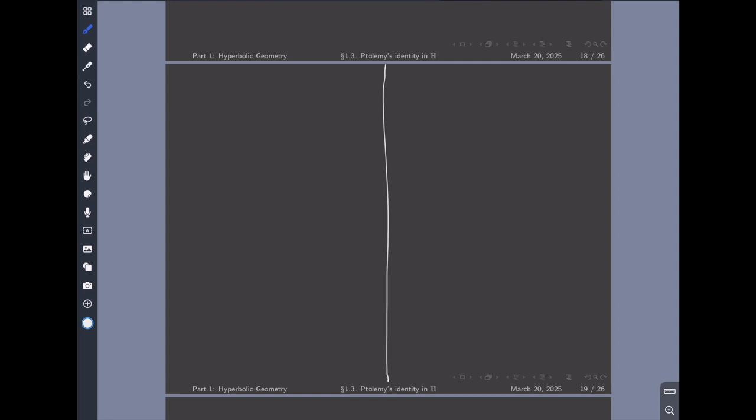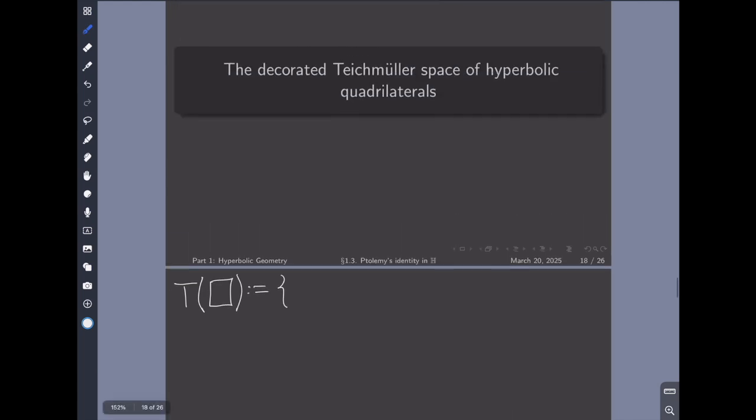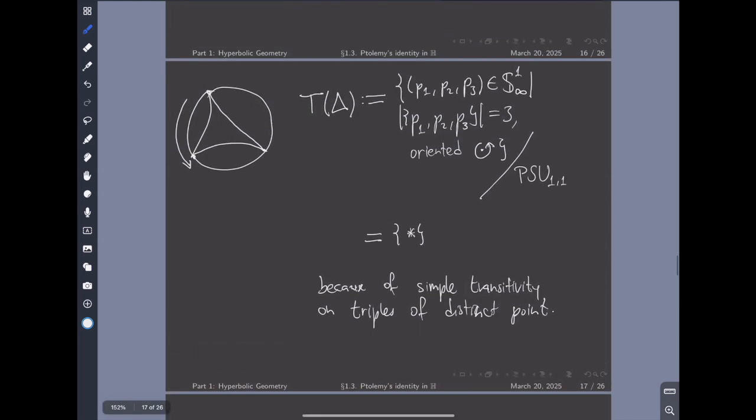So in the end, one cooks up the definition of the Teichmüller space of a square, which is pretty much the same definition as here, but with 4.